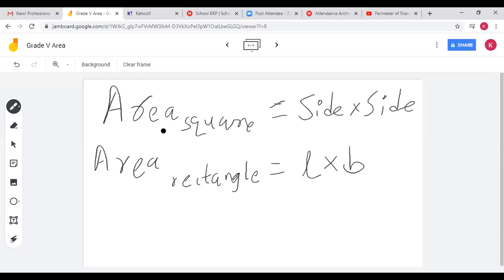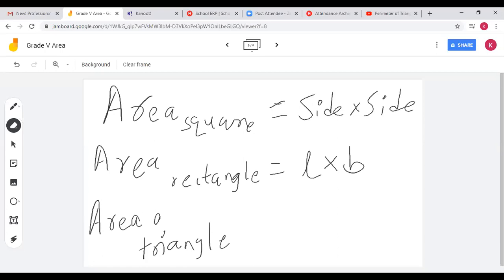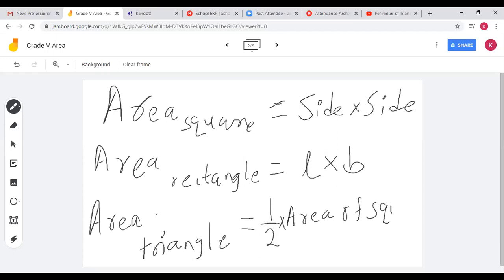And area of a triangle is equal to half of the area of a square.